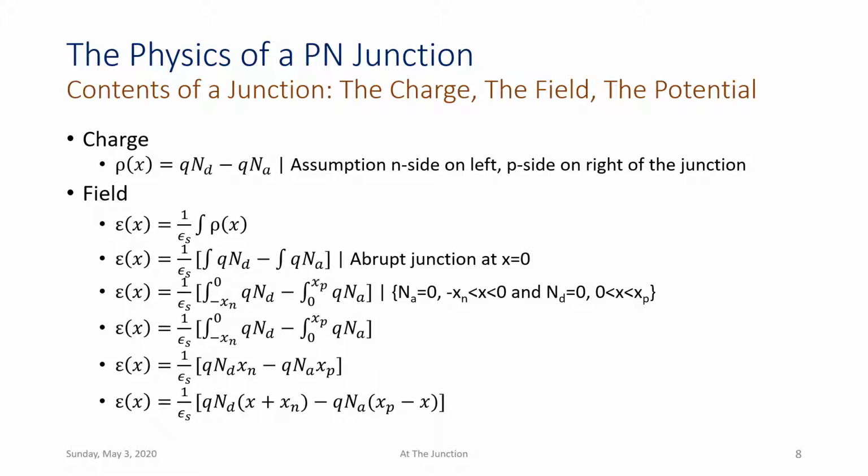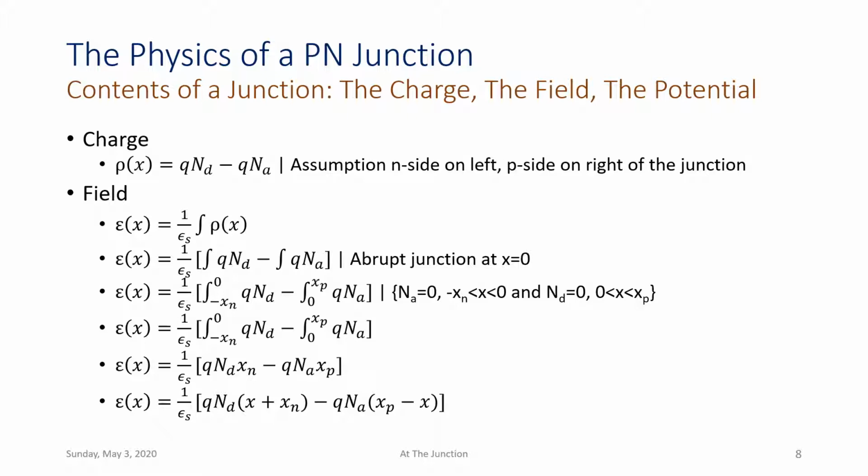So after we integrate and apply the limits, we get the second last expression on this slide, which is 1 divided by the permittivity of the semiconductor times Q N sub D x sub n minus Q N sub A x sub p.